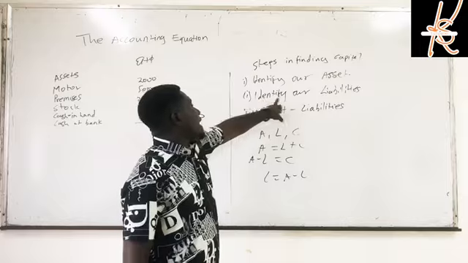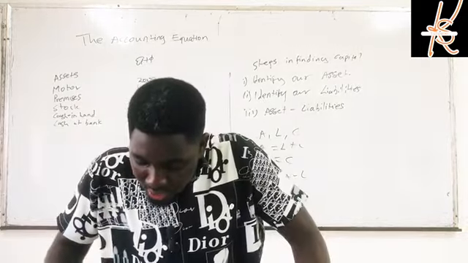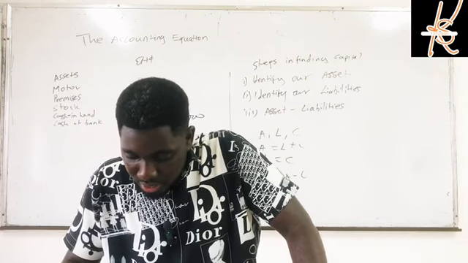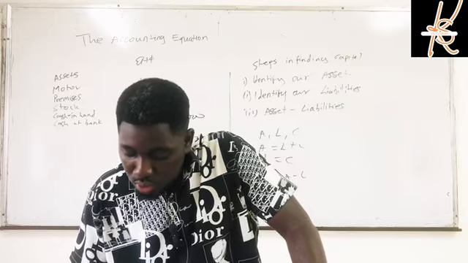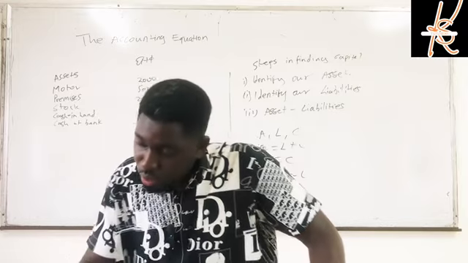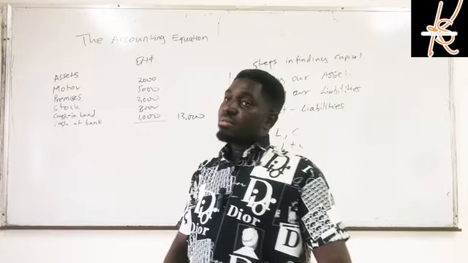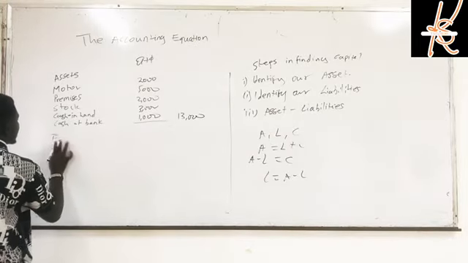The next point is to identify our liability. In the question, they said he borrowed 4,000 from Sami and also owes 1,000 in respect of goods. So we have borrowing from Sami, that's loan from Sami.